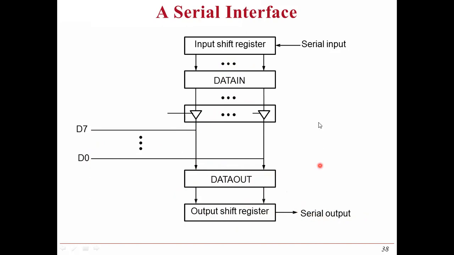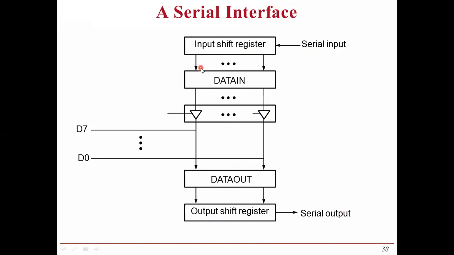So in this serial interface, the input is given serially and the output is also obtained serially. That means the input is given bit by bit and the output is also obtained bit by bit. So at the input side and output side, we are using shift registers. Based on the shift registers only, we are transferring the data serially.